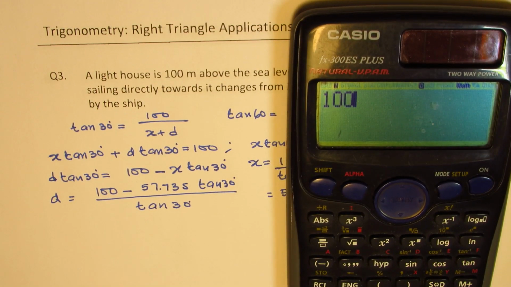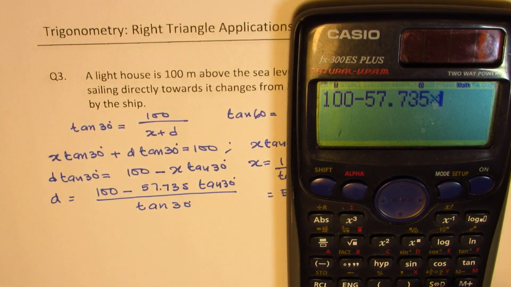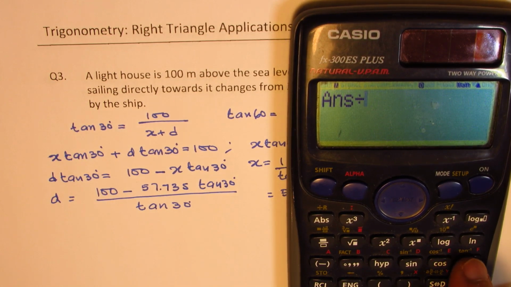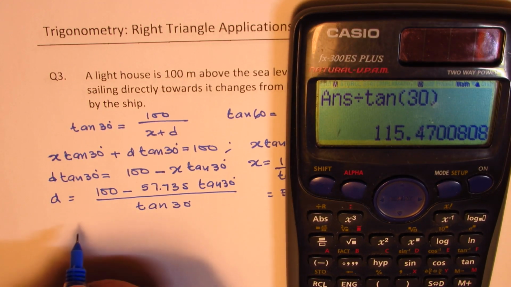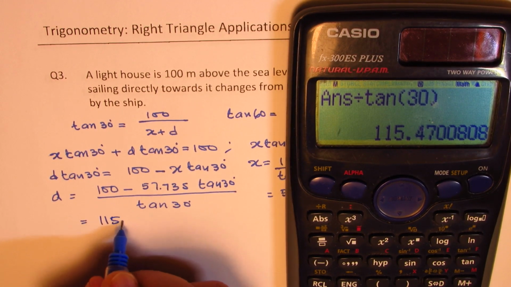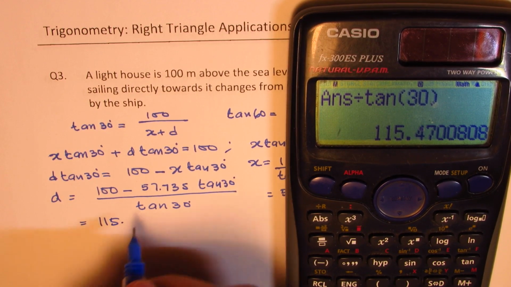So we have 100 minus 57.735 times tan 30 degrees. And then we are going to divide this by tan of 30 degrees. That gives you 115.47.